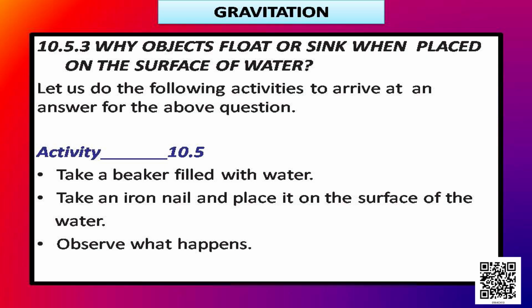Students, let us now discuss why objects float or sink when placed on the surface of water. Let us do the activities given in your book to arrive at an answer for the question. Take a beaker filled with water, take an iron nail and place it on the surface of water. Observe what happens.